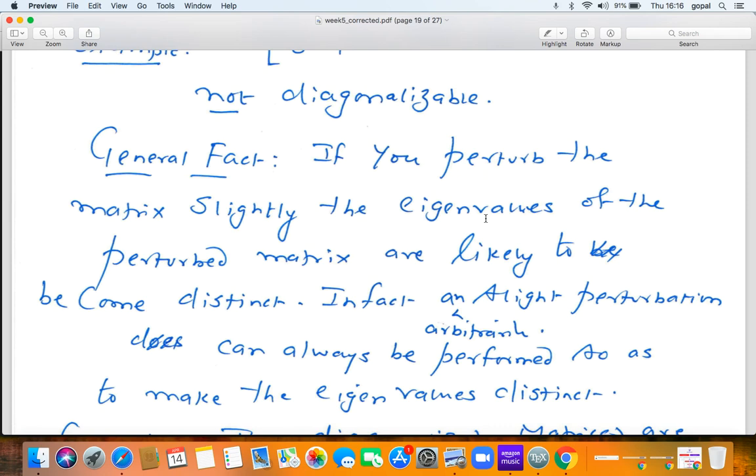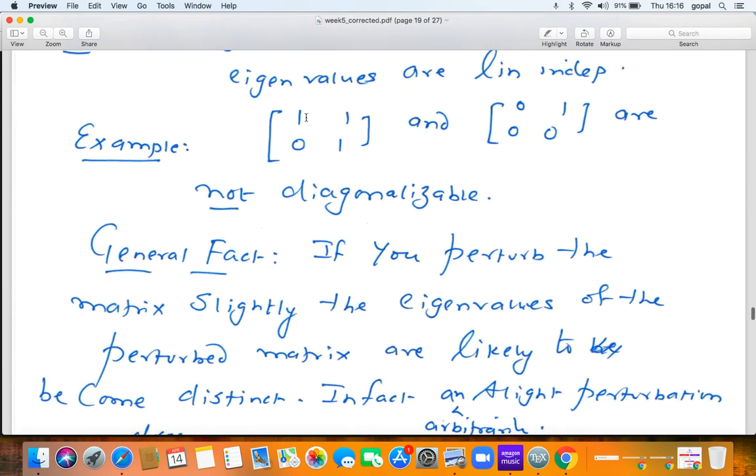So the idea is that you take a general matrix, say for example 1, 1, 0, 1, and perturb its entries ever so slightly. I keep three of the entries the same, and the fourth entry I disturb slightly: 1, 1, 0, 1 plus epsilon.